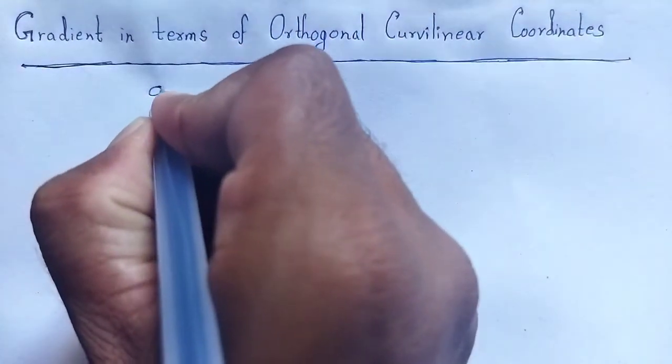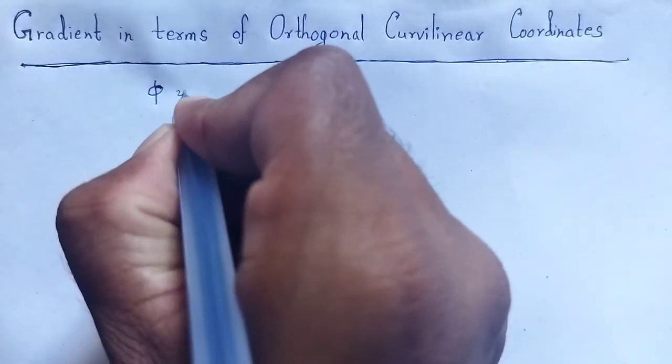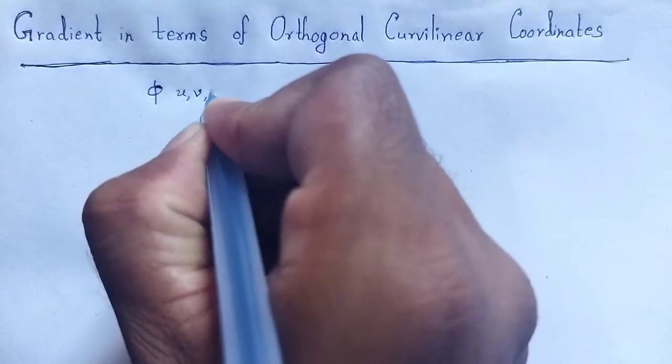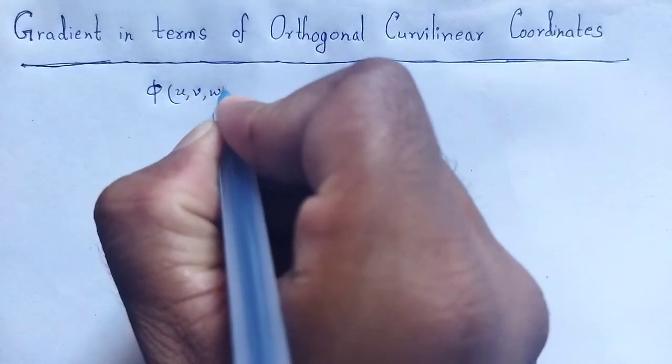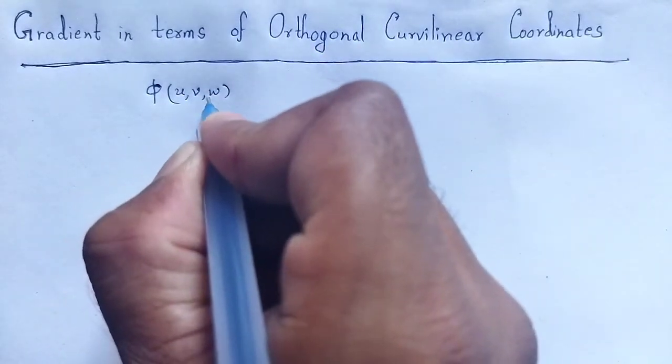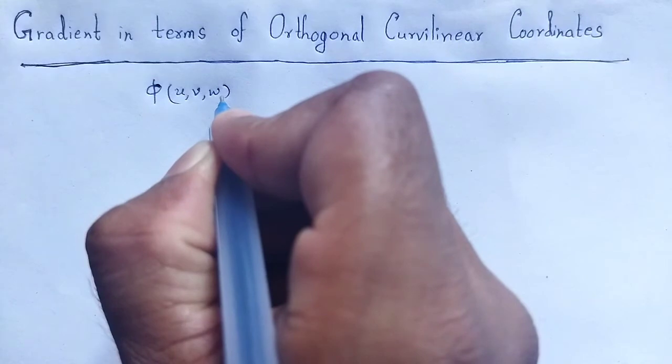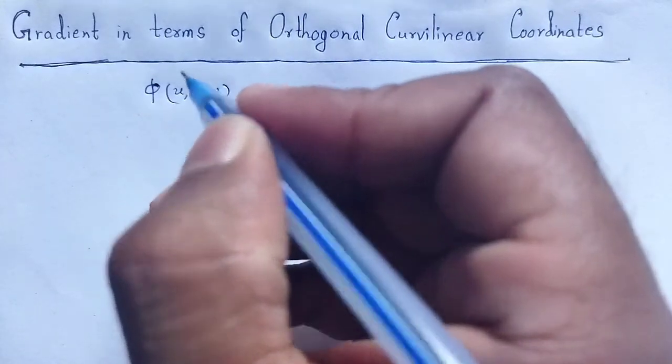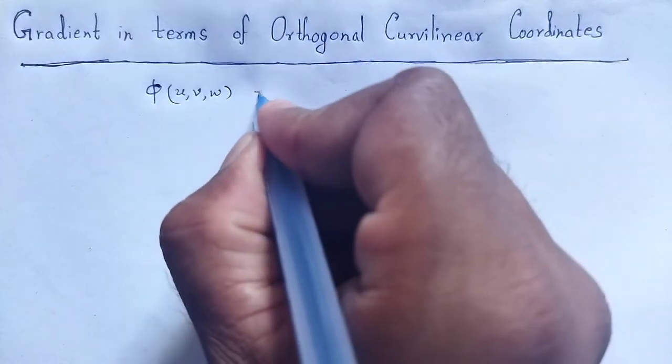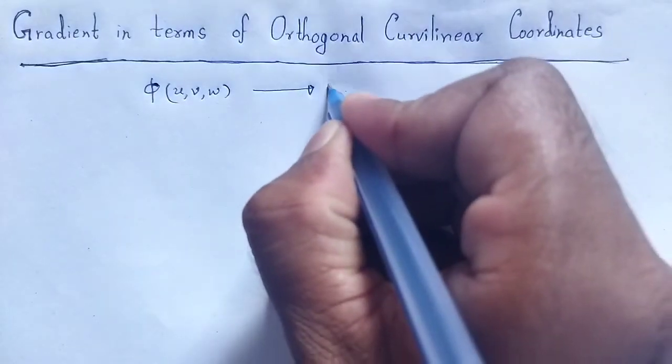Let phi be a function of u, v and w, where u, v and w are the coordinates of orthogonal curvilinear coordinates. Phi is any scalar point function.